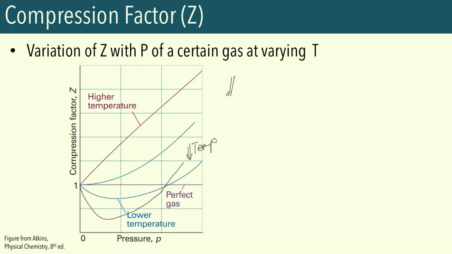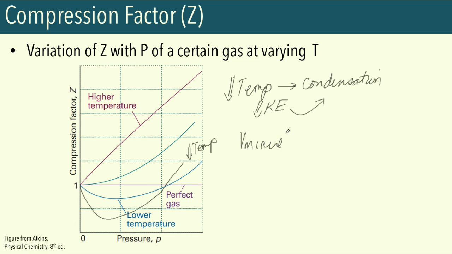So we could decrease the temperature enough to the extent that we start to have condensation. Okay, so the temperature is so low that the kinetic energy of our gases is low enough to cause condensation or liquefaction. Okay, so overall, the lower the temperature, the lower the dips tend to be here. Okay, so this implies that the volume of our real gas is much, much lower than the volume of our ideal gas.